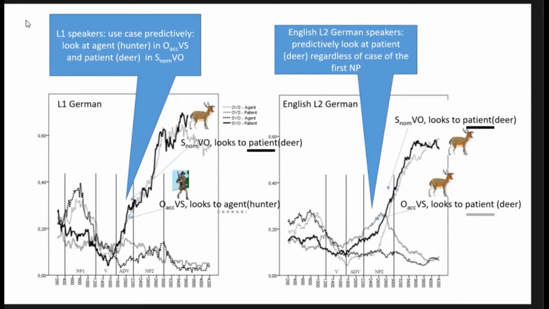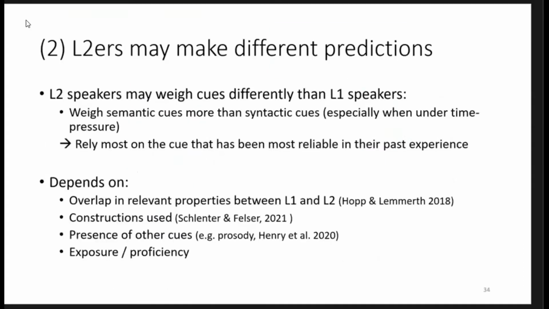When the second noun phrase unfolds, so when they hear hunter, of course, they start moving their eyes to hunter. So that's all fine. But this suggests that they do make predictions. They start moving their eyes to the patient, but it's the wrong prediction compared to L1 speakers. So how can you explain this? Tanya has already mentioned that there are also differences in cues.